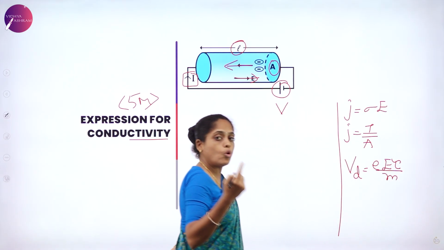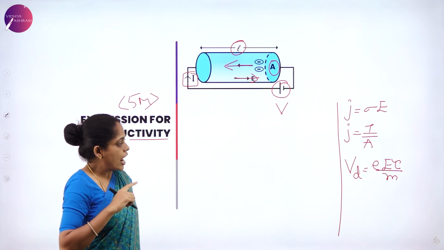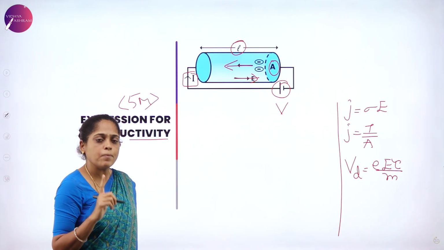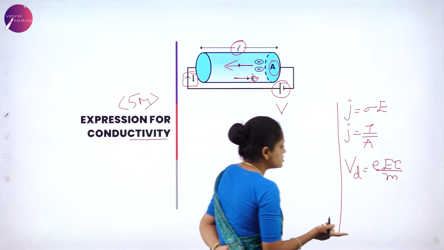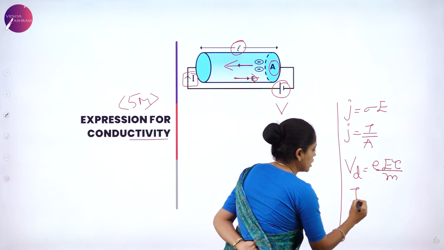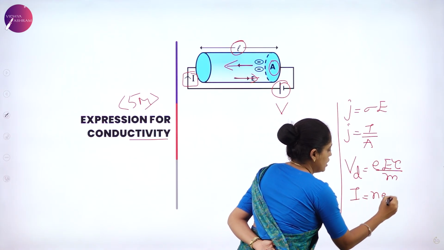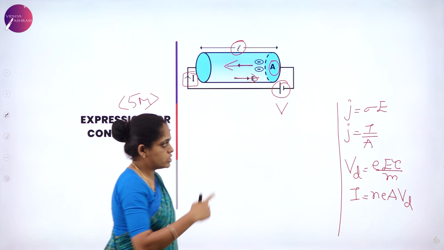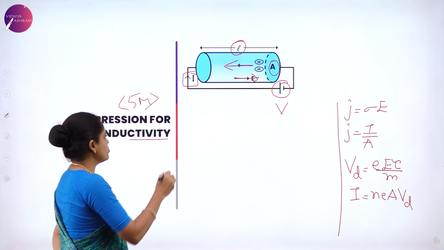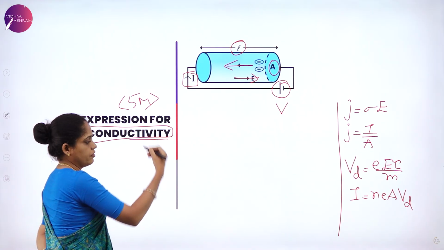Here I am ignoring the direction and considering only the magnitude of the drift velocity. And the last expression is the current expression, which is N e A Vd. Using this, let us derive the expression for the conductivity.